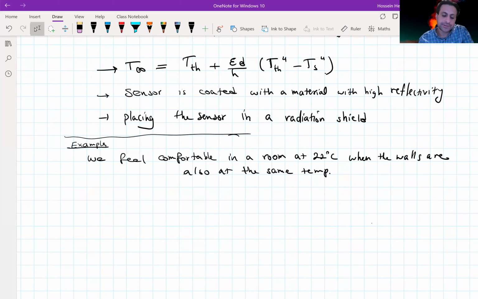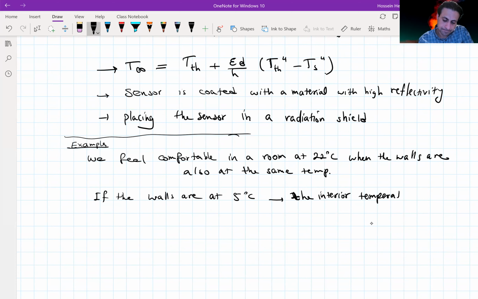Now, if the walls are, let's say, 5 degrees C, then the interior temperature of the room should be raised to at least 27 degrees C to maintain the same level of comfort.